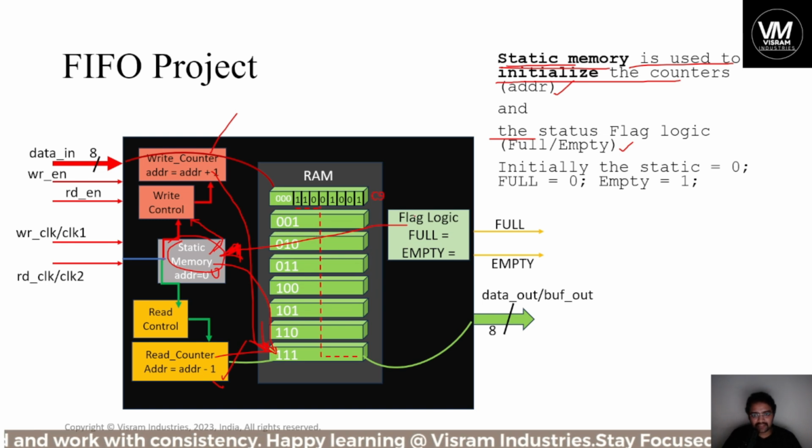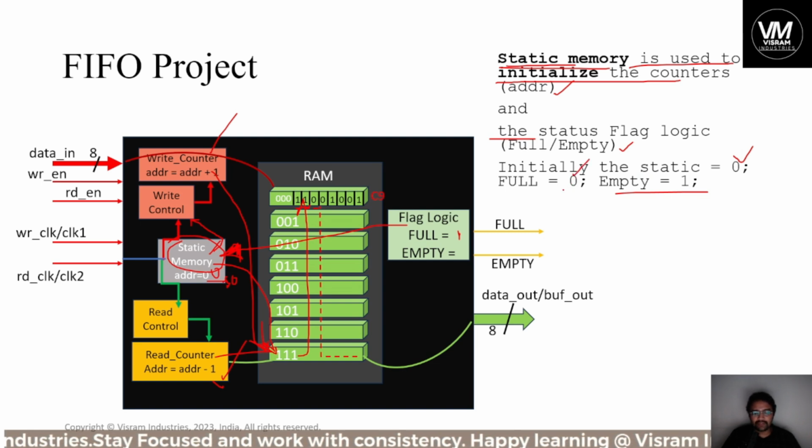That entire thing is full and it says full is equal to 1. In the same way, if the static memory address tends to 0 again, it comes to the ending point from highest to lowest. In this way, the empty will be 1. Initially static will be 0 and then the logic turns from full to 0 or 1, empty 1 to 0.